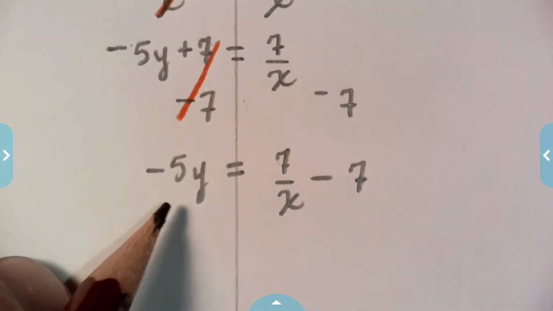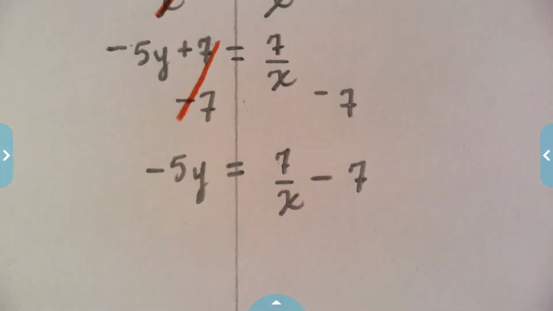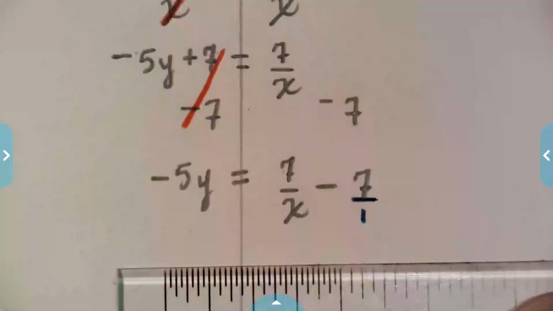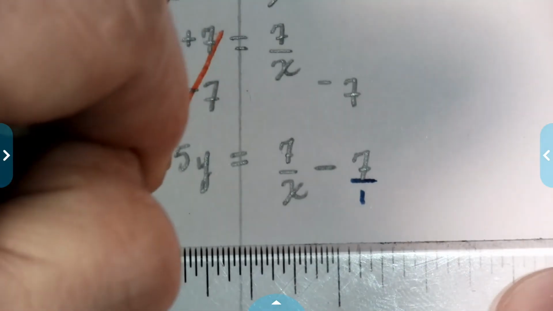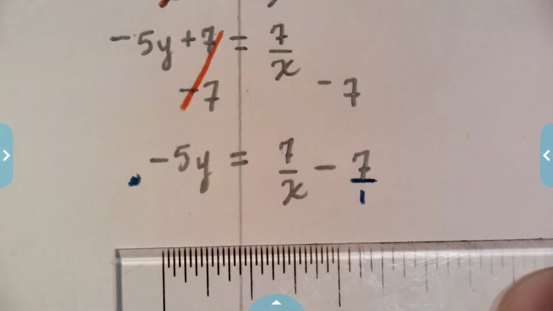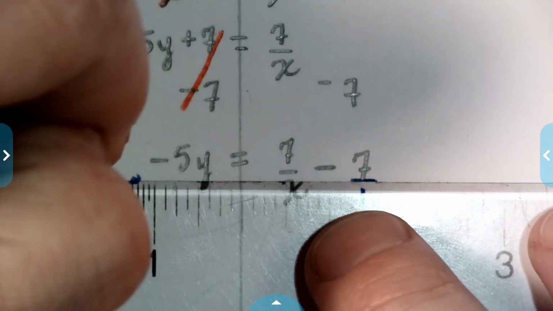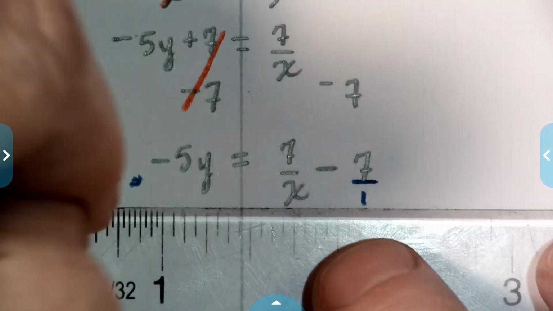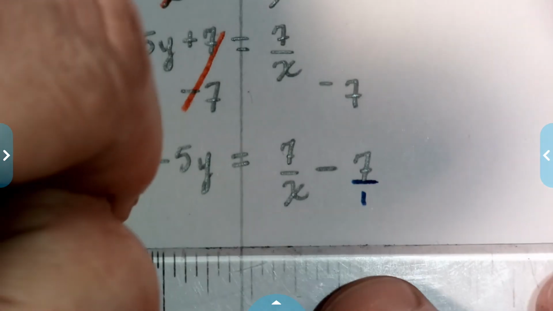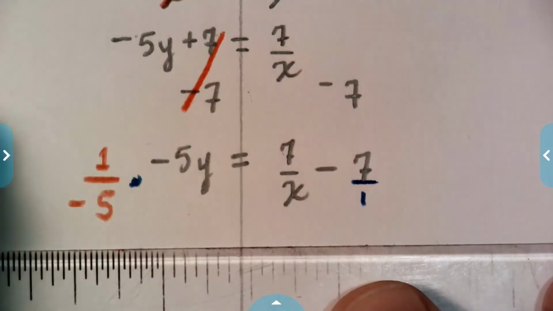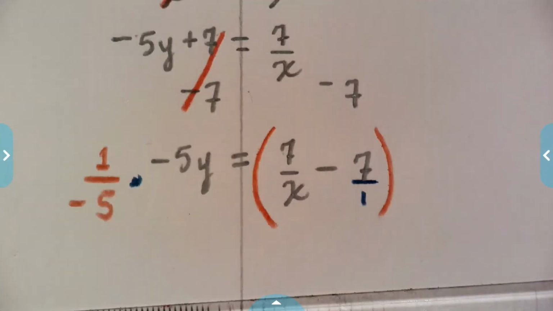And now to clear that negative 5, I'm just going to divide both sides by negative 5. But again, because I've got fractions involved, like this is like 7 over 1, right? I'm going to actually just multiply by 1 over negative 5. And that negative doesn't really matter if it's in the numerator or denominator. But I'm still going to put this whole thing in parentheses and multiply by 1 over negative 5.